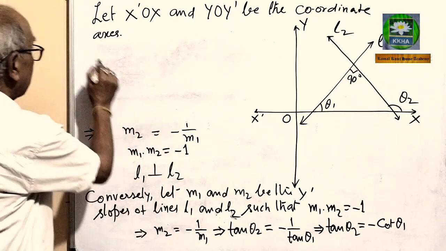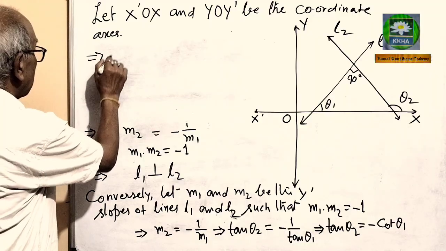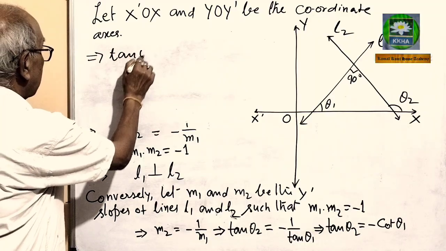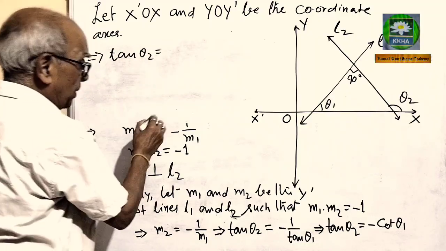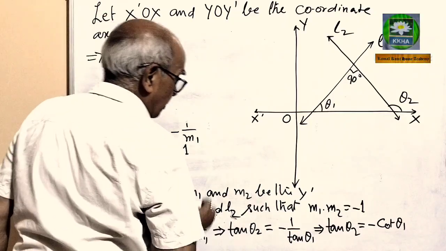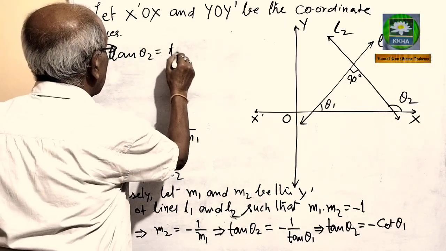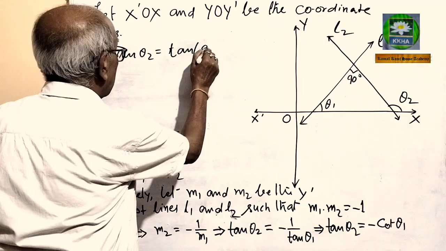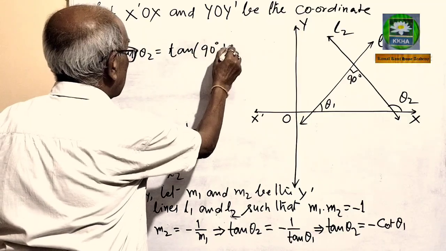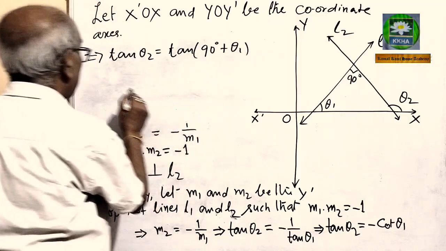So that implies that tan theta 2 is equal to minus cot theta 1, which can be written as tan of 90 degrees plus theta 1.